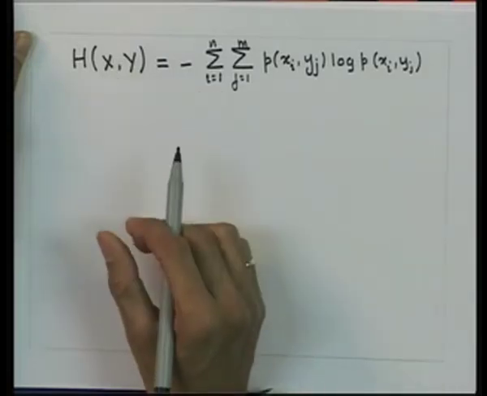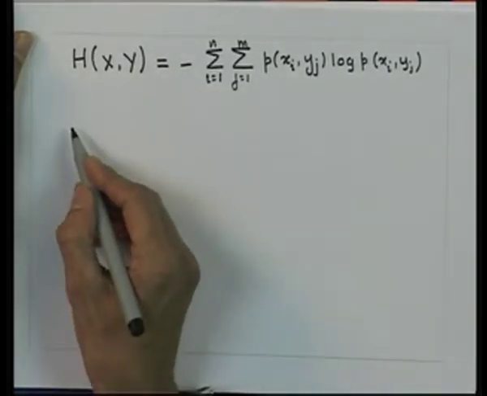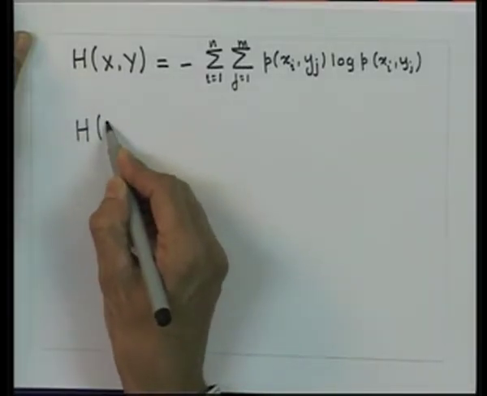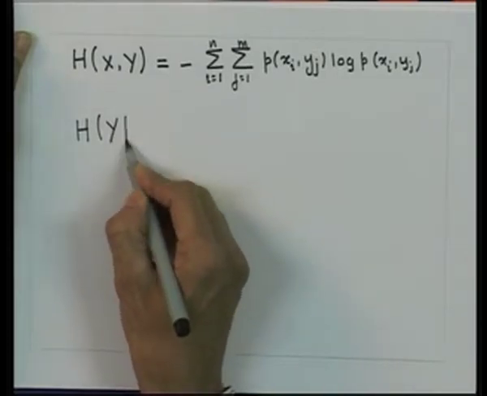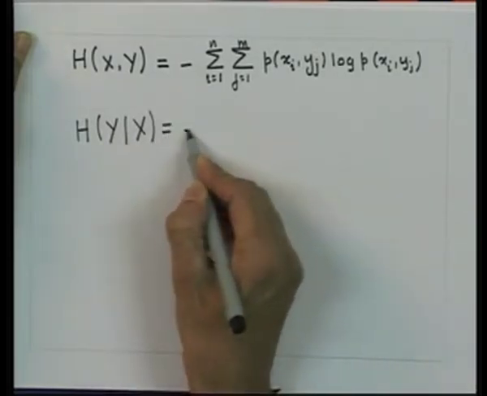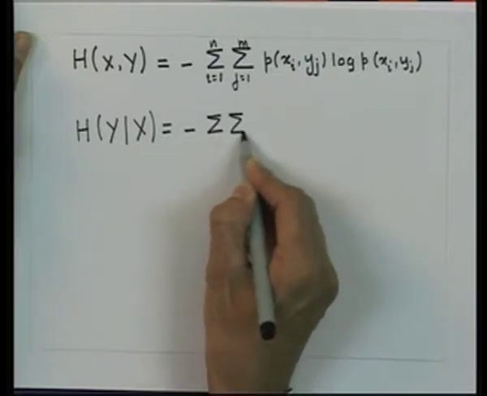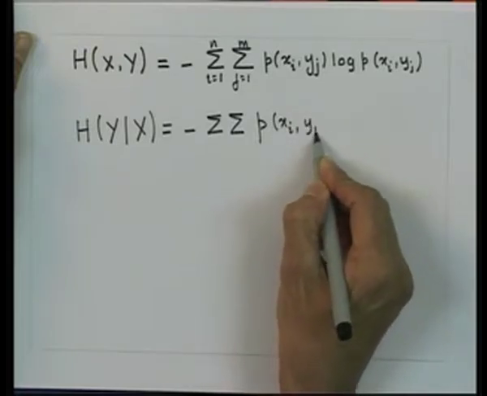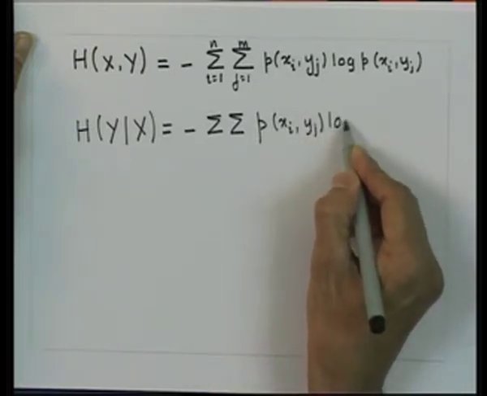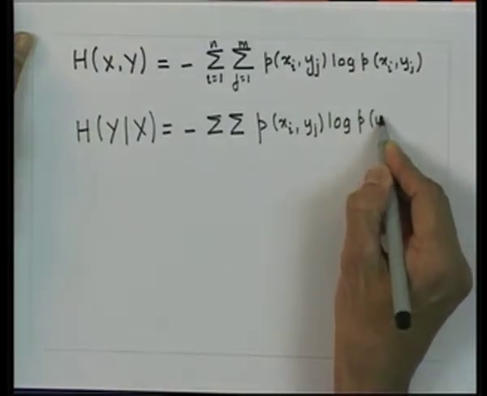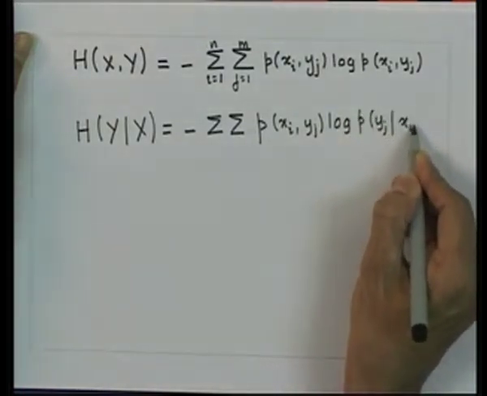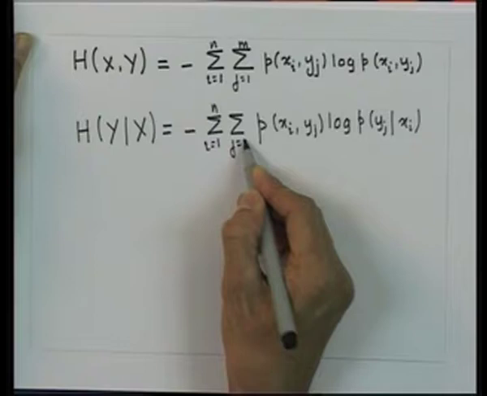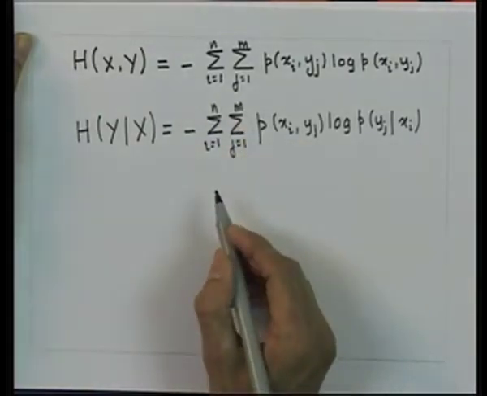Another information measure which we defined was the conditional information measure, and that was defined as h of y given x is equal to minus summation over xi yj log of probability, j equal to 1 to m.